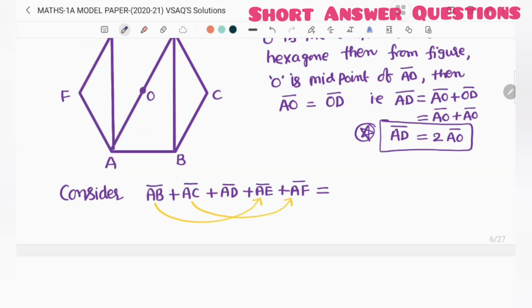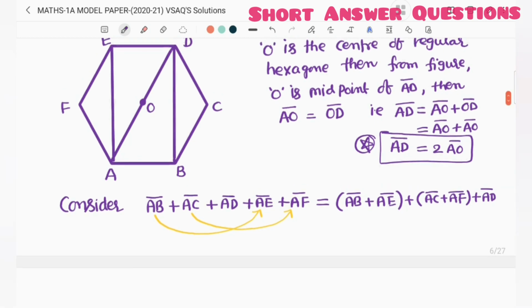So the LHS value will become AB bar plus AE bar, plus remaining AC bar plus AF bar, plus AD bar. So ultimately these first two bracket values also we are going to convert in terms of AD. So AB plus AE.